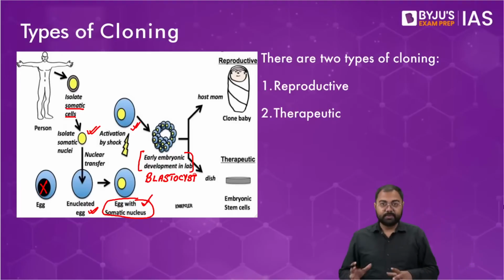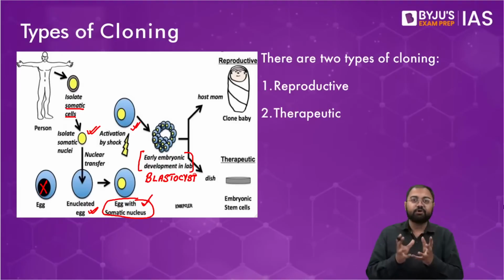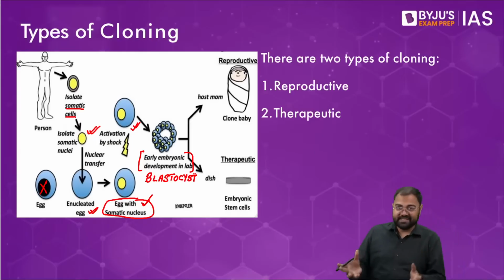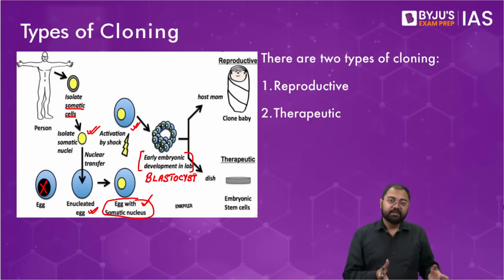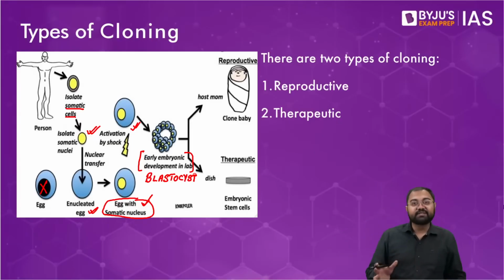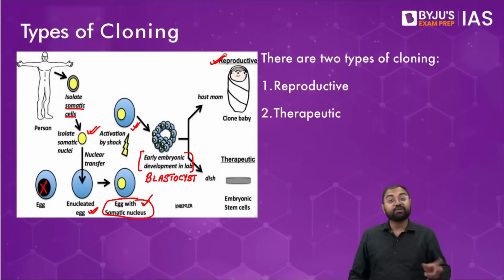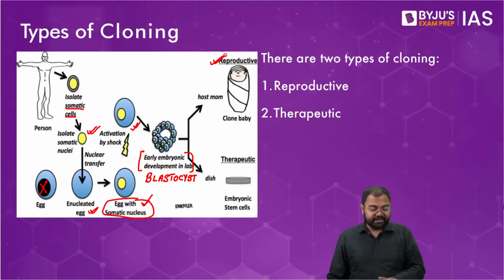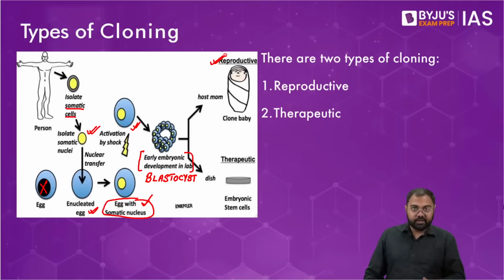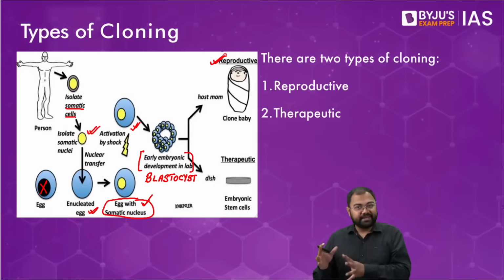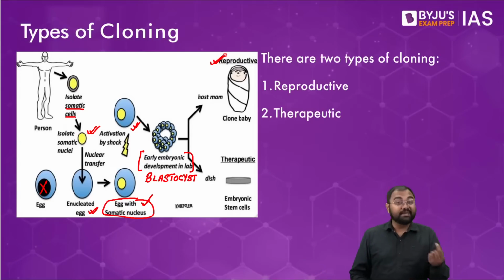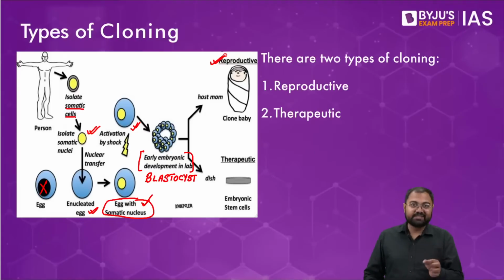So we'll produce this blastocyst, which is nothing but a bunch of almost 150 undifferentiated cells. Now, after this, there are two ways in which it can be used. Either it will be used for the birth of a new cloned animal, in which case it will be called reproductive cloning. If not, the same cells can also be used for some of the medical therapies. For example, in stem cell therapy, something like this can be used.